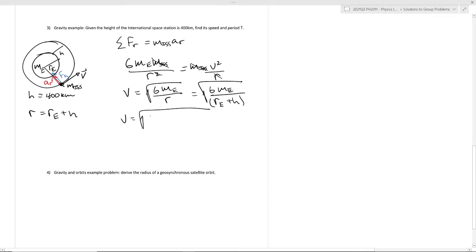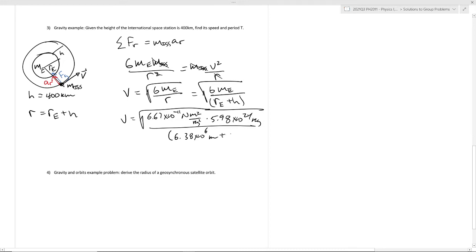So remember, big G is actually very small, 6.67 times 10 to the minus 11 newton meters squared per kilogram squared. The mass of the Earth is very large, 5.98 times 10 to the 24 kilograms. And the radius of the Earth, 6.38 times 10 to the 6 meters.